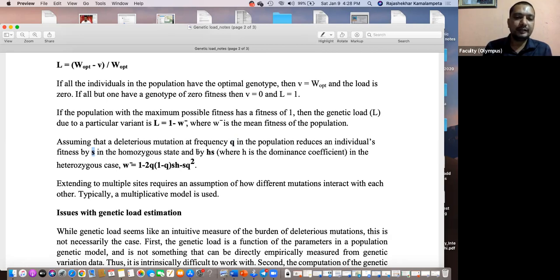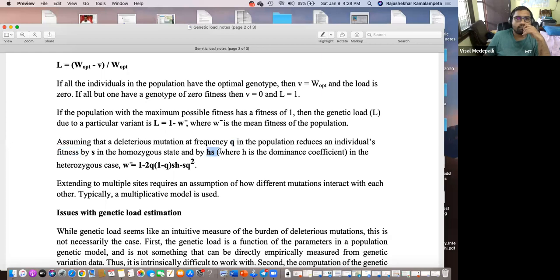So what happens? In the homozygous state, it will be h multiplied by s. Okay, remember we were briefly talking about the inbreeding coefficient; like that, a coefficient for dominance can also be calculated. So that dominance coefficient multiplied by the reduction in fitness, that is s. So the hs value can be used here.